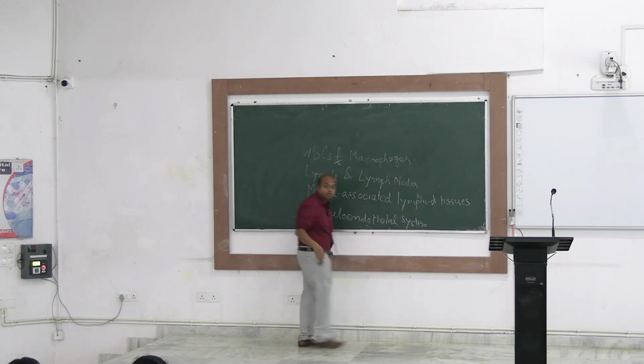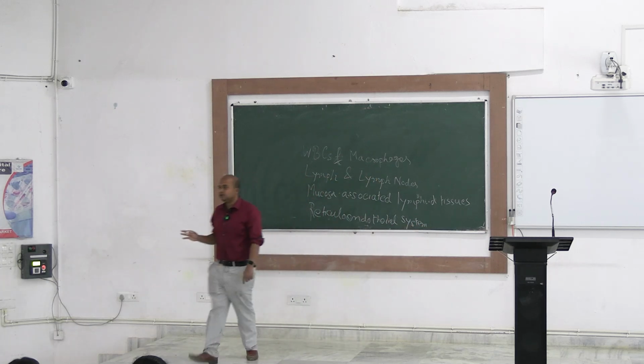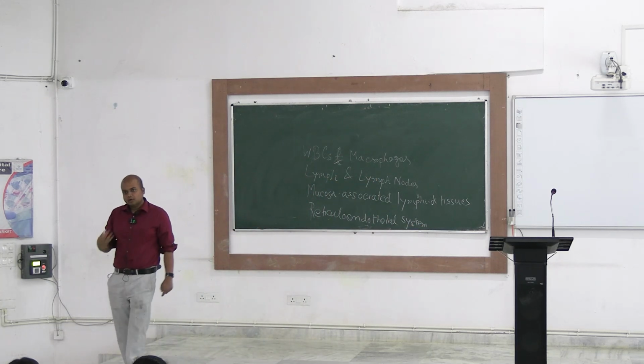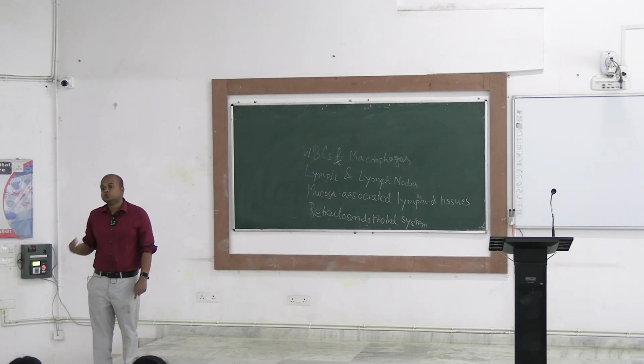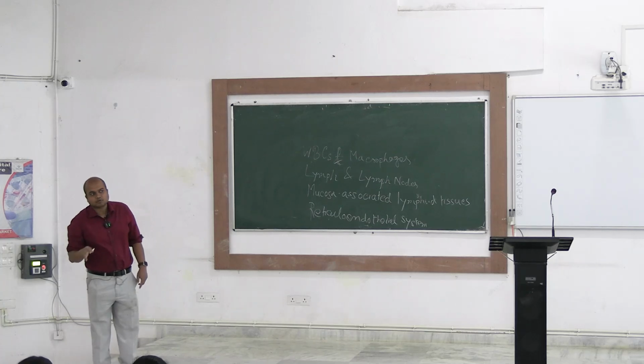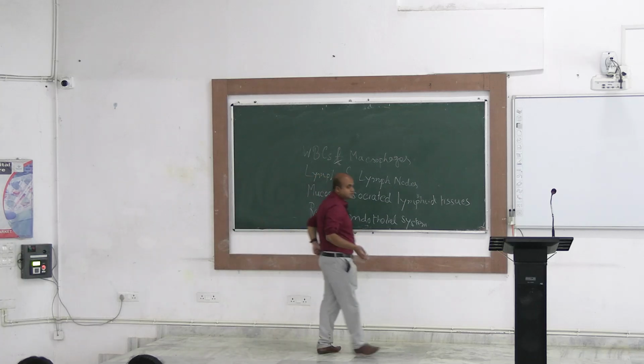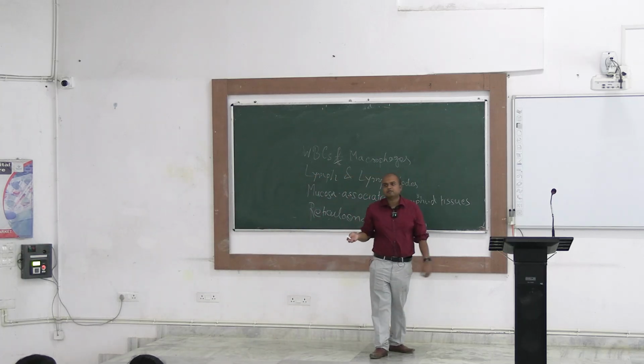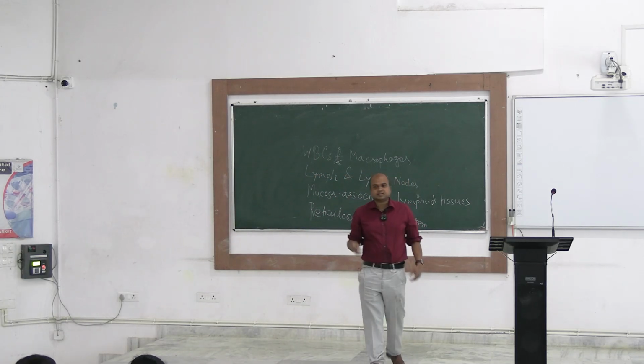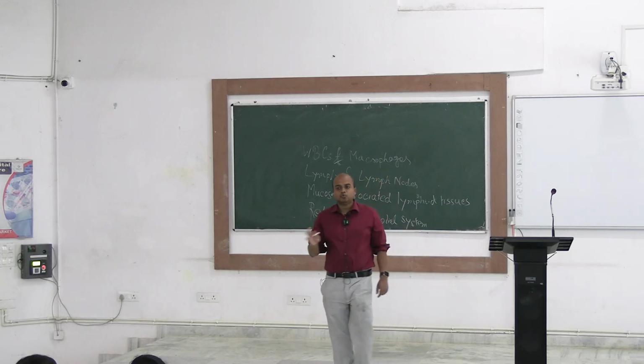This is probably an older term, not much used nowadays. What is called nowadays the tissue macrophage system. The origin of the term is reticuloendothelial system, but it is nowadays called the tissue macrophage system.